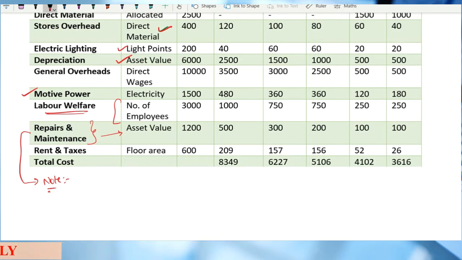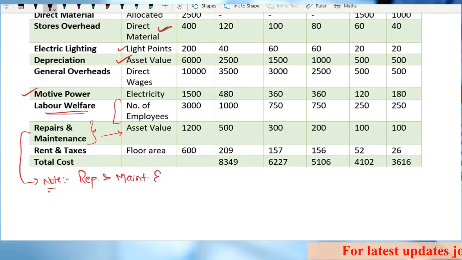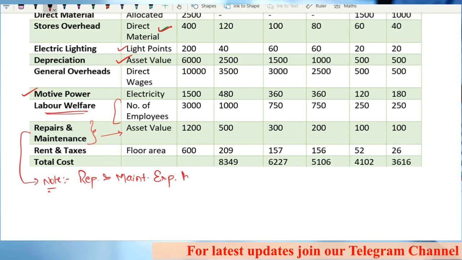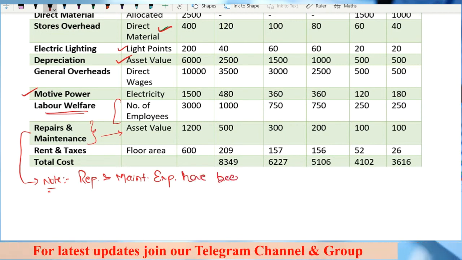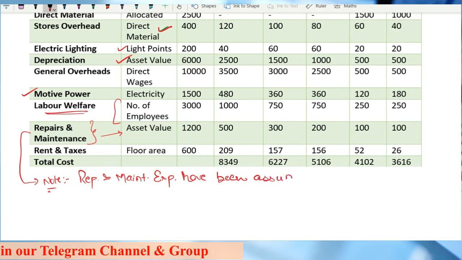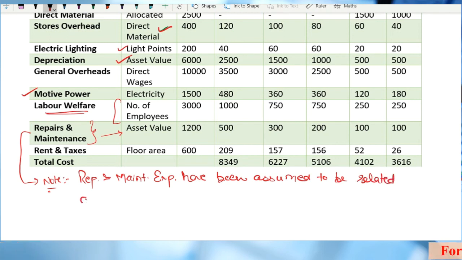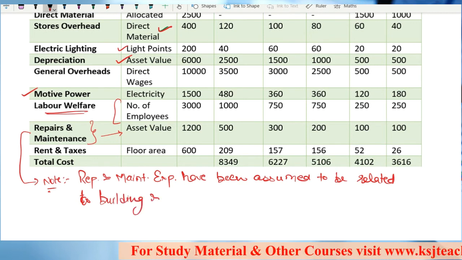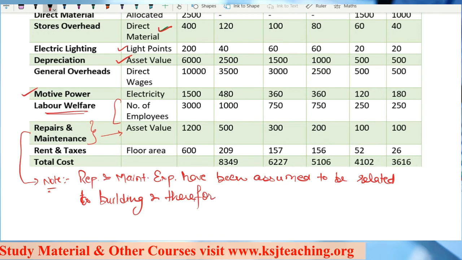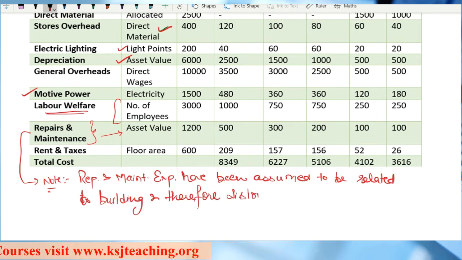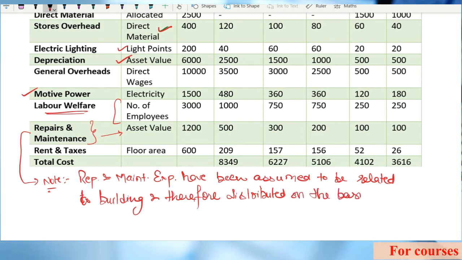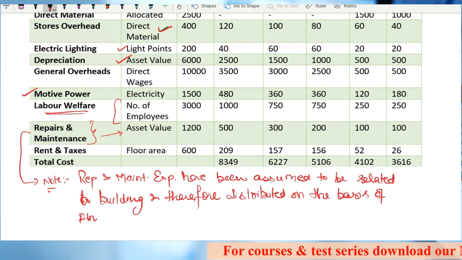The note says that repair and maintenance expenses have been assumed to be related to building and therefore distributed on the basis of floor area, right?